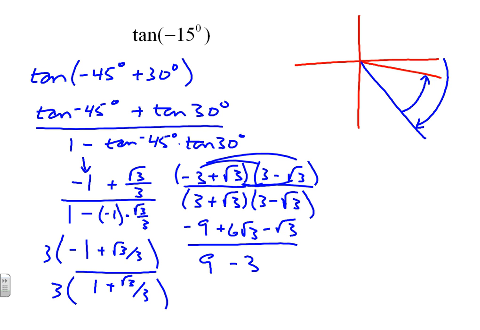Whoops, got a mistake here. I'll bet you caught that. My last term, root 3 times negative root 3, is just negative 3. I get negative 12 plus 6 root 3 all over 6, or I get negative 2 plus root 3.